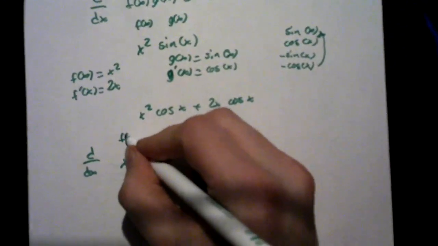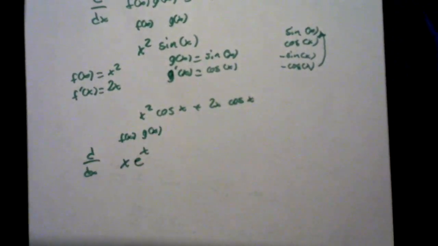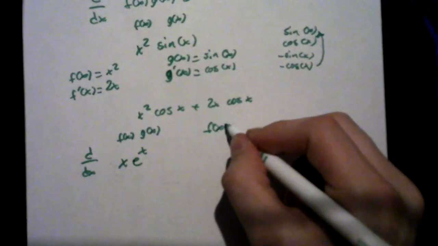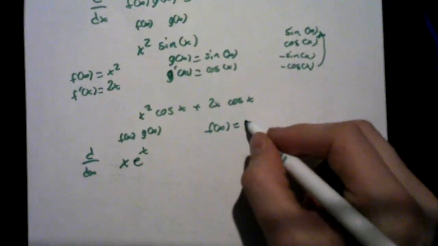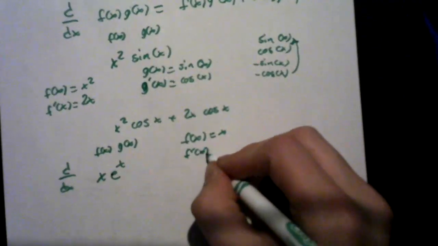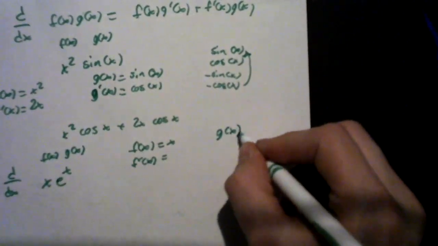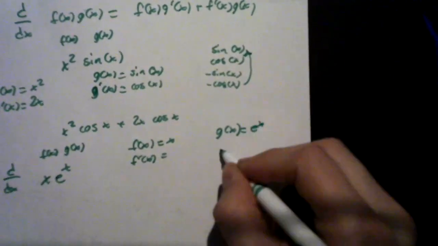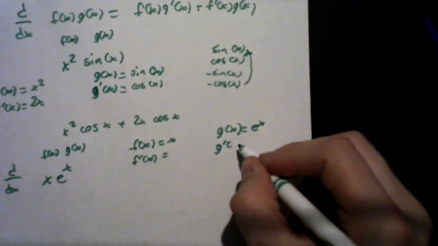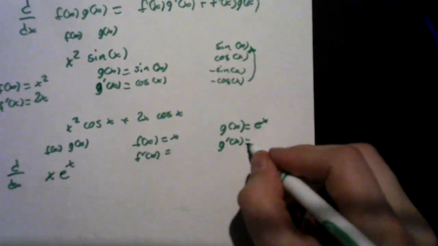So x will be f of x, and e to the x will be g of x. f prime will equal this, g of x will equal e to the x, g prime equals something.